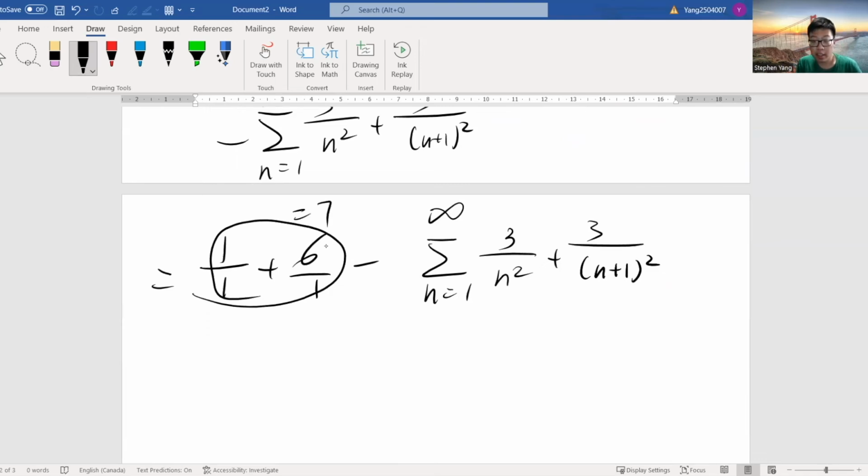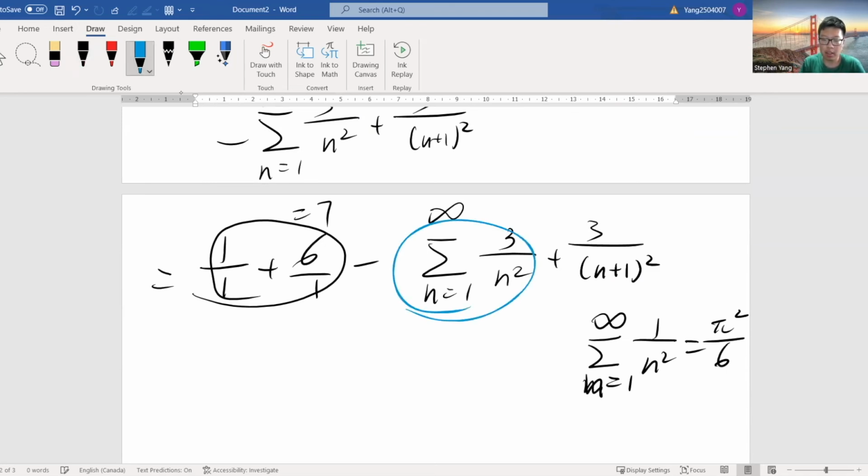Now we look at the second term. It is well known that the sum from n equal to 1 to infinity of 1 over n squared is equal to pi squared over 6, and we will use this famous result. The first part of the sum is in the form 1 over n squared, except we're multiplying by 3.